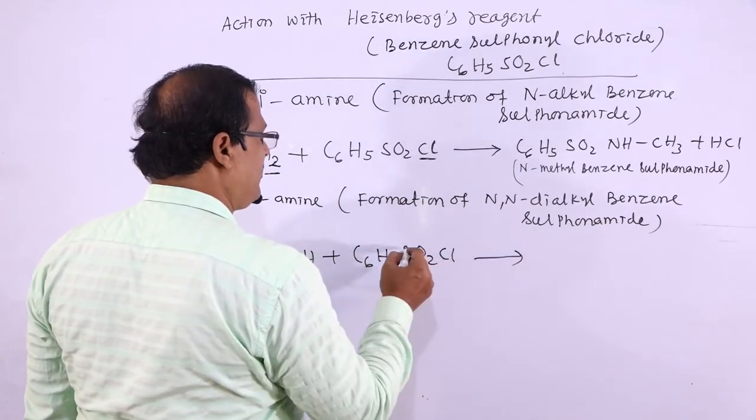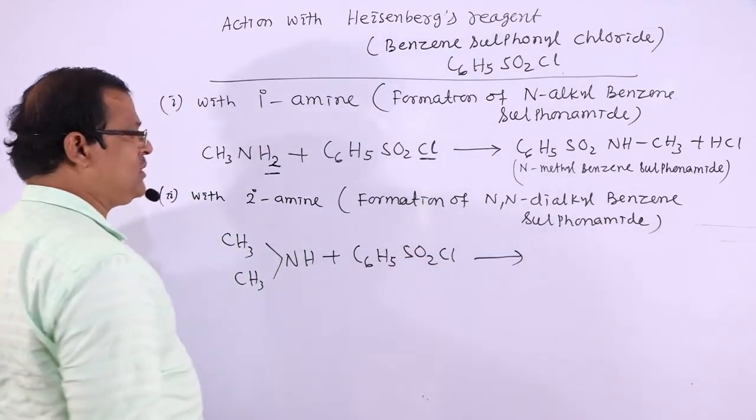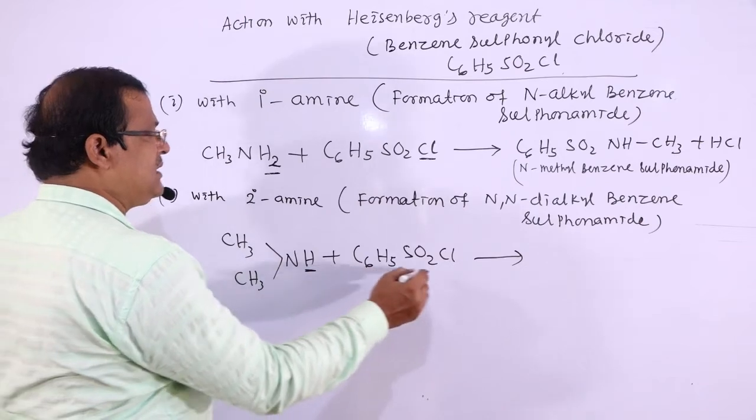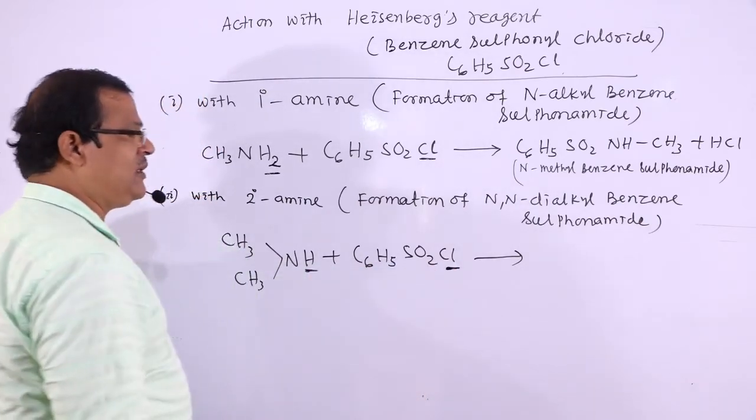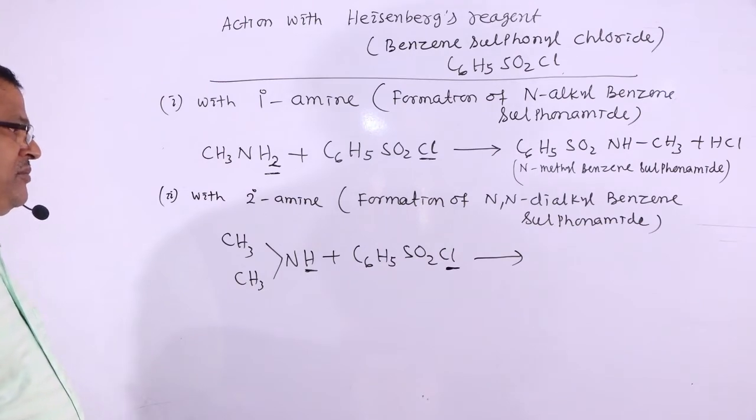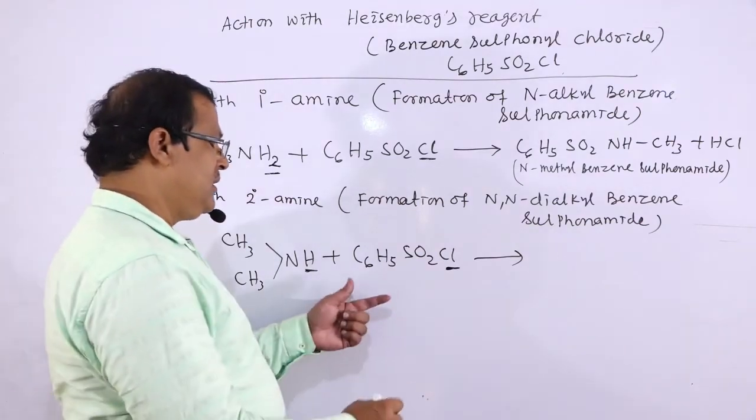C6H5SO2Cl. The H part and Cl part are removed in the form of HCl. Then what is the product?